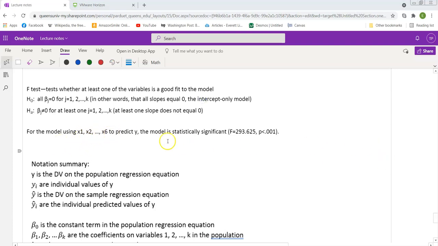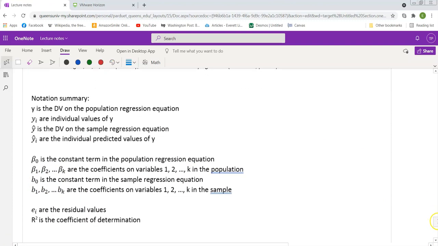For the model where we were using x1, x2, up through x6 to predict y, our model had an F value of 293.625 and a p less than 0.001, which means that this model is statistically significant. Okay, so this points to a good model.